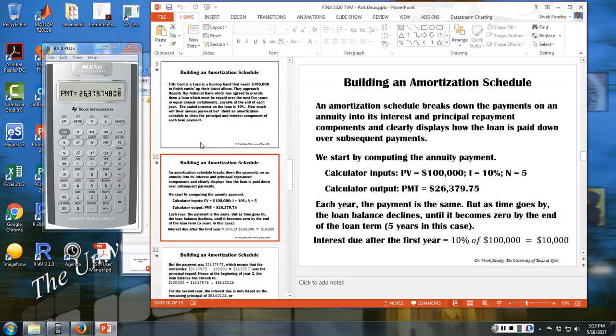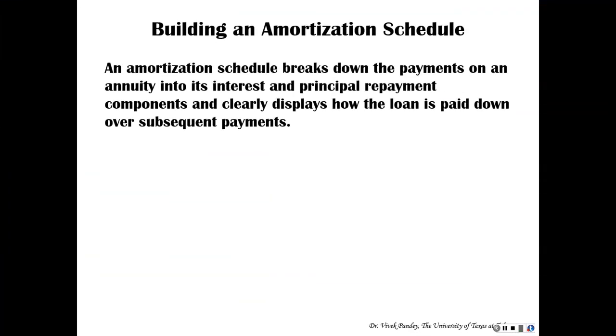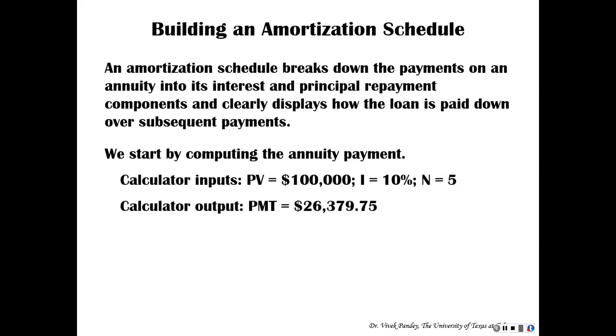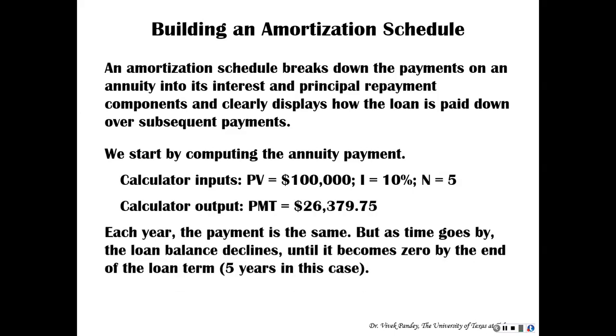Yeah, it is 26,379. That's the loan payment, and the payment remains the same each year. But as time goes by, we are paying off some of the loan, and the loan balance will decline until it becomes zero by the end of the loan term, 5 years in this case, right?